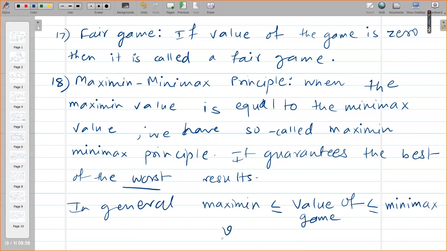We use V underscore for maximin, the value of the game is V, and minimax is V bar. This is in general. If they are equal, then that number will be the value of the game.